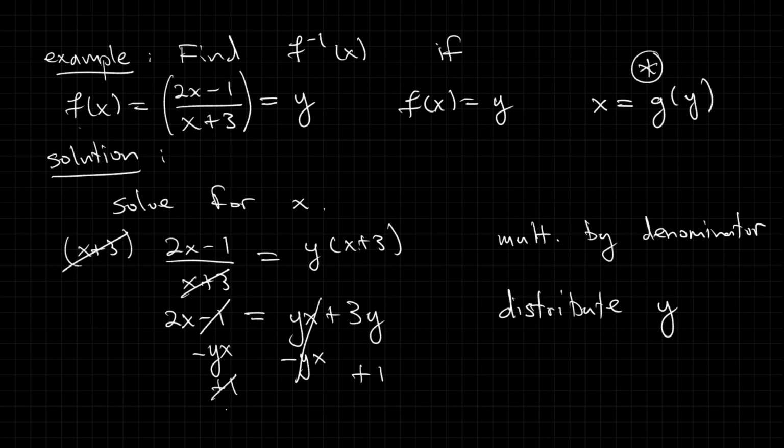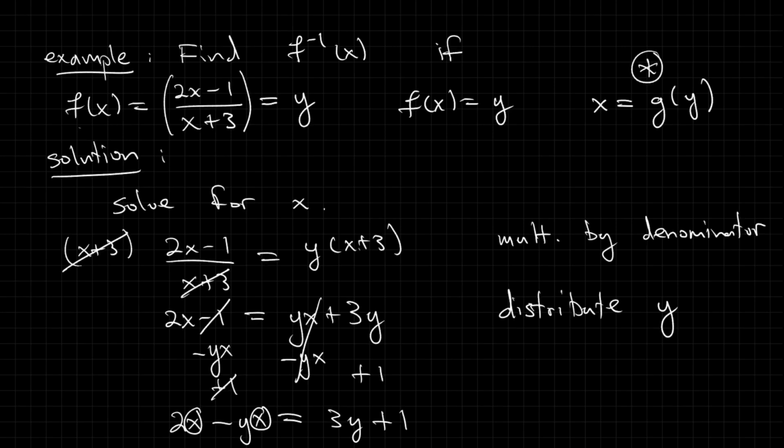So what results is 2x minus yx equals 3y plus 1. From here, we can factor an x out of both terms from the left-hand side, and what that will result in is x times 2 minus y equals, and we won't do anything to the right-hand side.